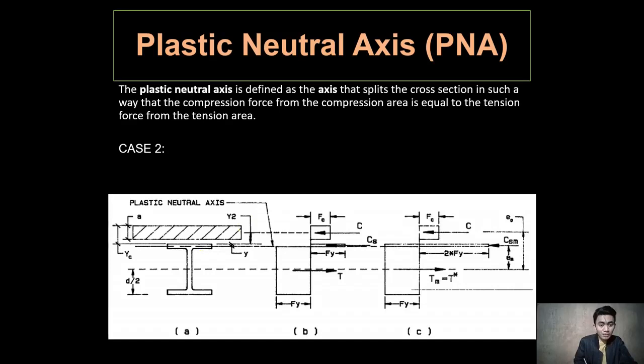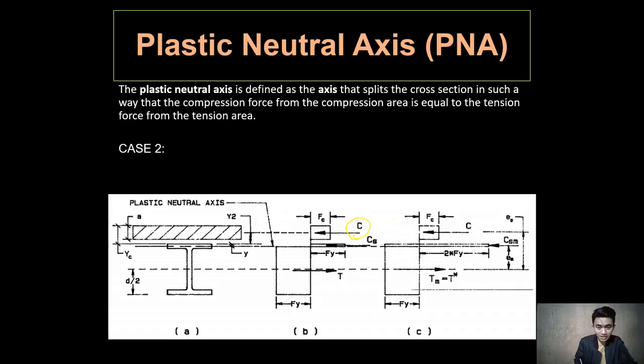The concrete part will still be under compression. However, since the plastic neutral axis is located on the flange, we have here a small part of the flange which is also under compression.